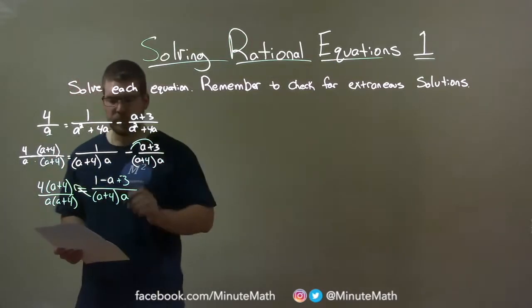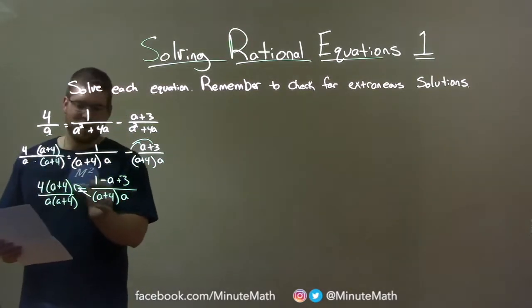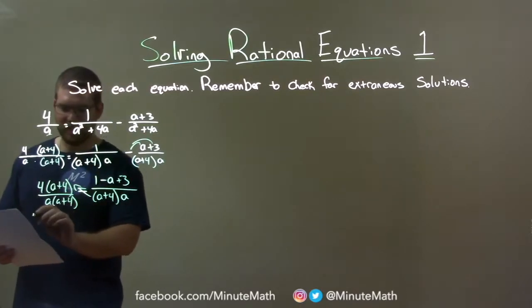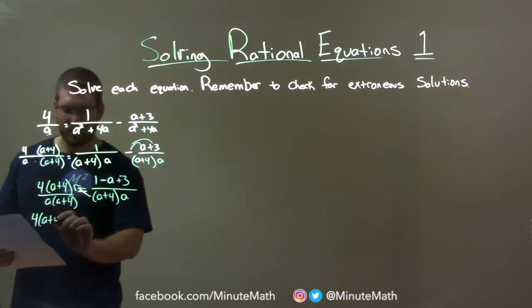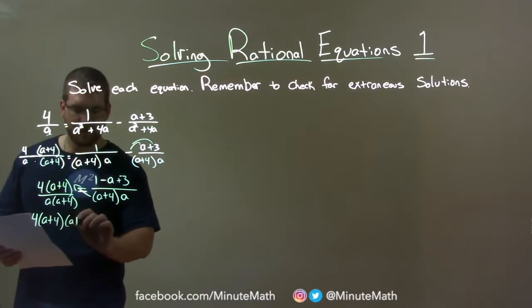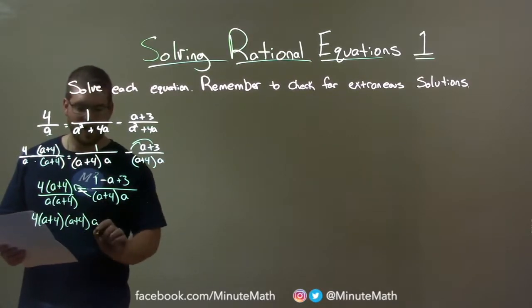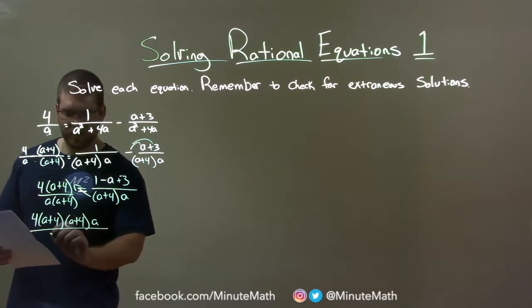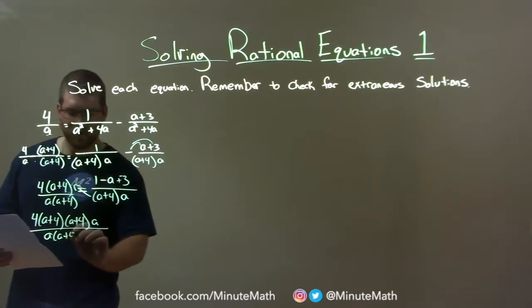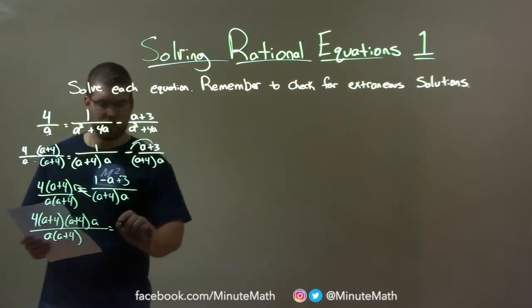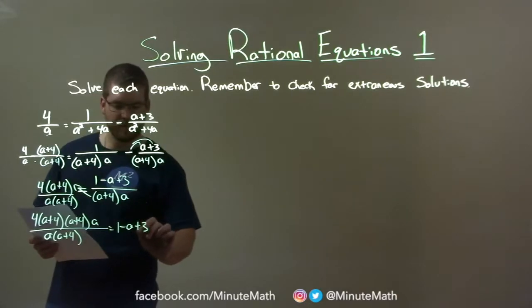Now watch this, and I'm not going to simplify, I'm not going to multiply it all out here. So we have 4 times A plus 4 times A plus 4 times A over that denominator, A times A plus 4. And that's going to equal 1 minus A plus 3.